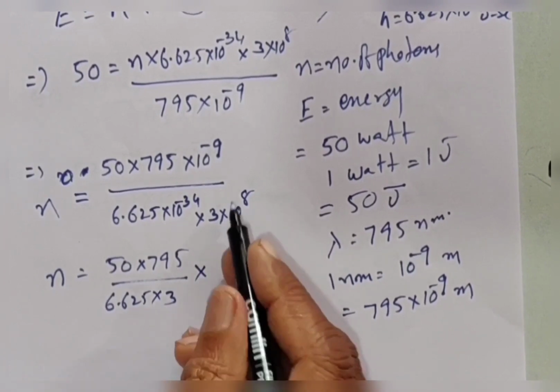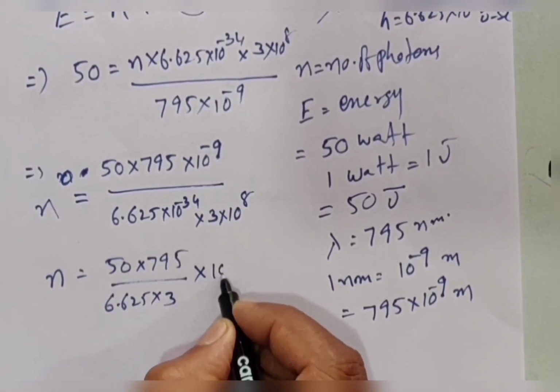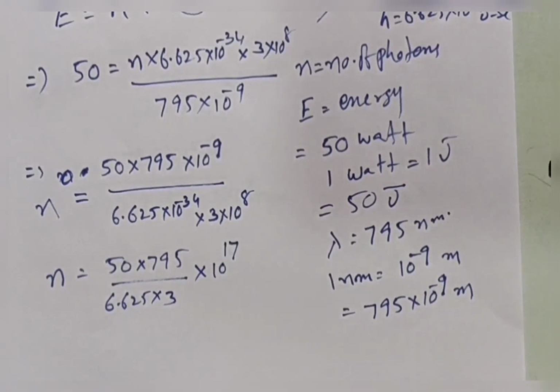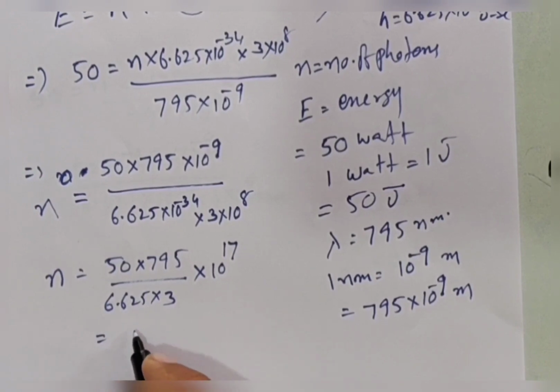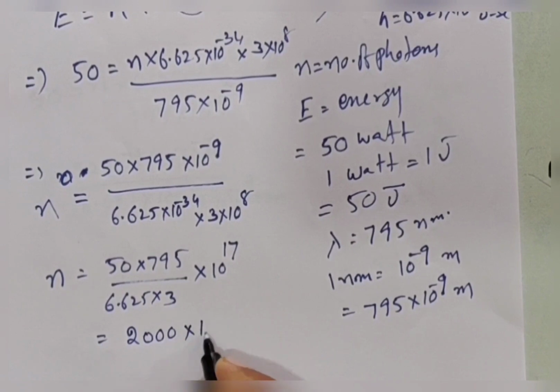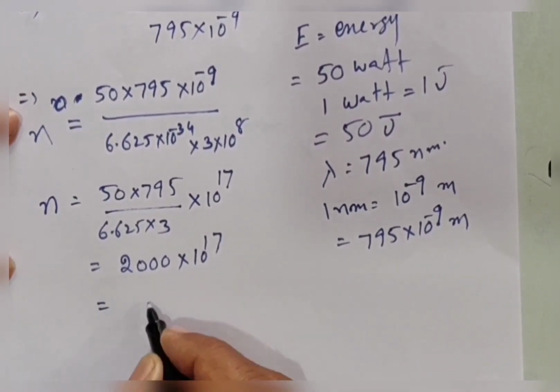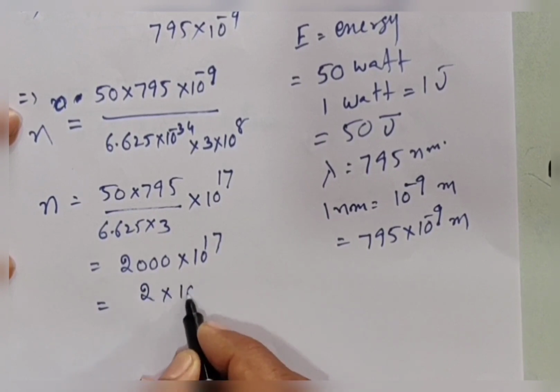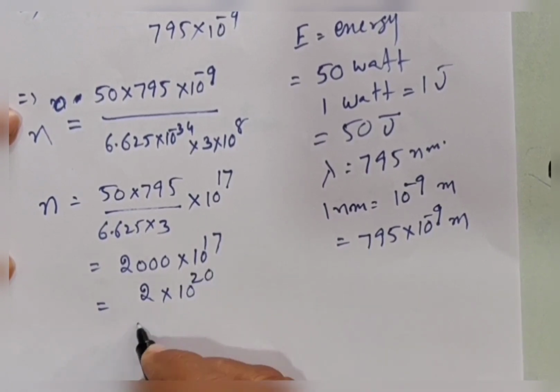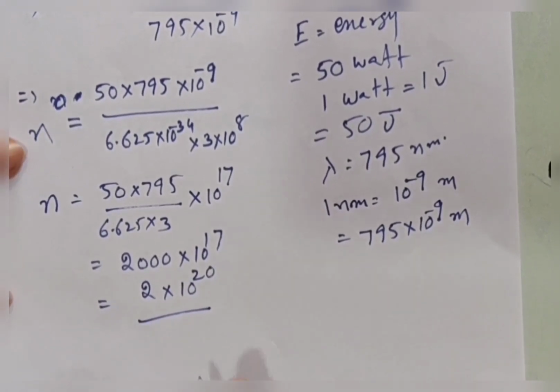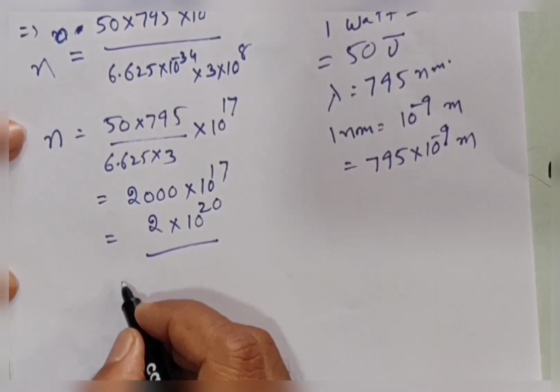The power on multiplication, we will get 10 power 17. Then on simplifying these values, we will get 2000 into 10 power 17. Right? Now that is equal to 2 into 10 power 20.